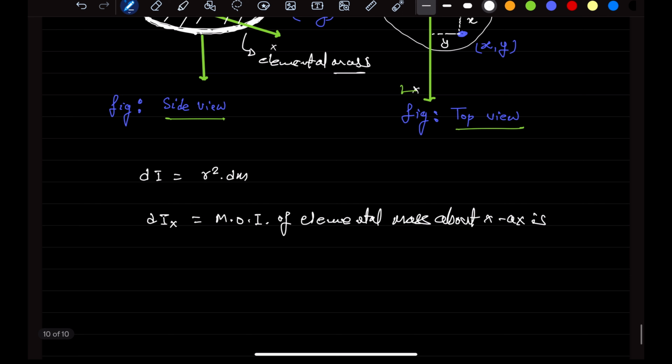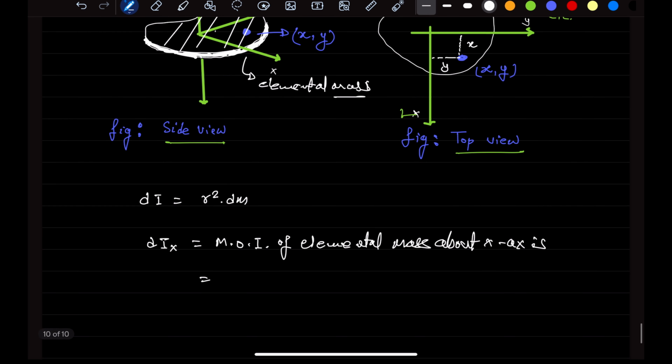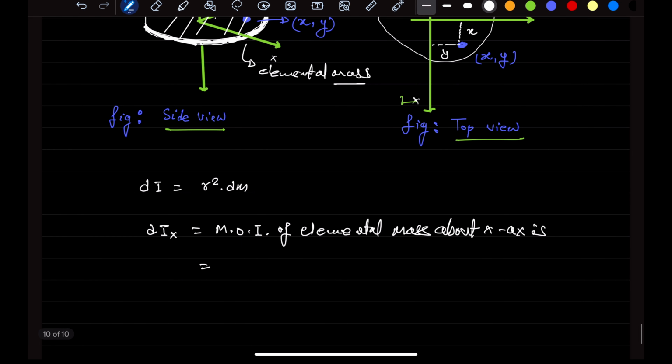In the formula r square, r is the perpendicular distance, and for this elemental mass, if the coordinates are x comma y, then y will be the perpendicular distance. So instead of r, I can write y. So dIx is y square dm.